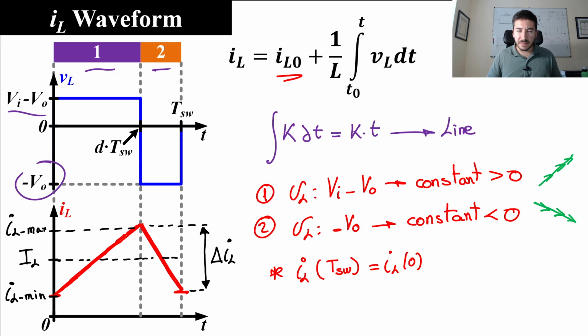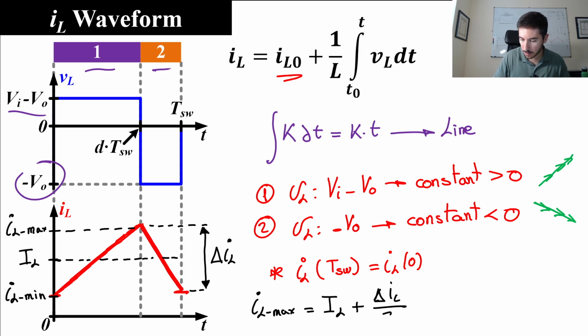Well, before we continue, let me point out one thing. If we know the average value and if we know the peak-to-peak current ripple, we know everything about the current through the inductor, because the maximum current can be expressed in this way. And the minimum current can be expressed in this way.